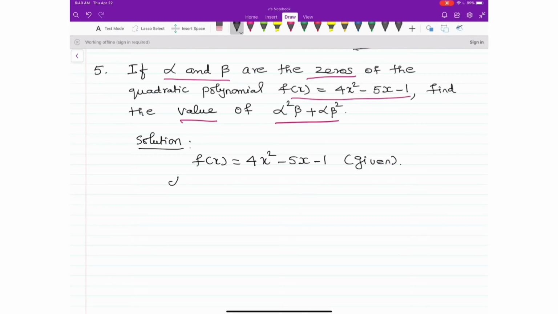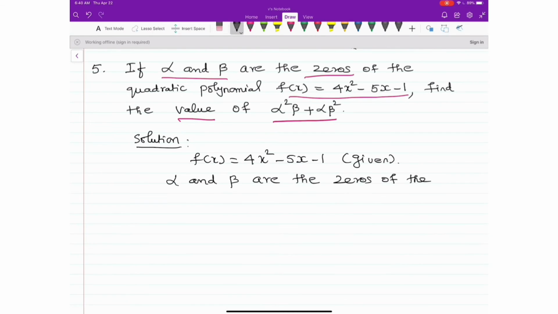Then alpha and beta are the zeros of the polynomial f(x) = 4x² − 5x − 1.